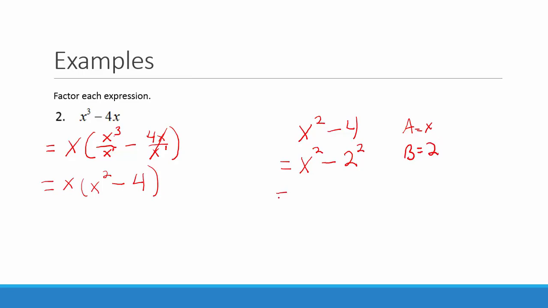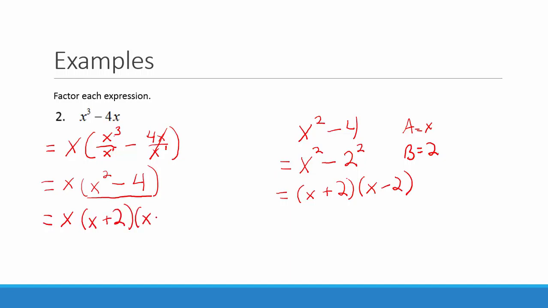So we can factor this as x plus 2 times the quantity x minus 2. Then we will go back to our original problem that has the x that we factored out first, and we'll rewrite what was in the parentheses as x plus 2 times x minus 2.